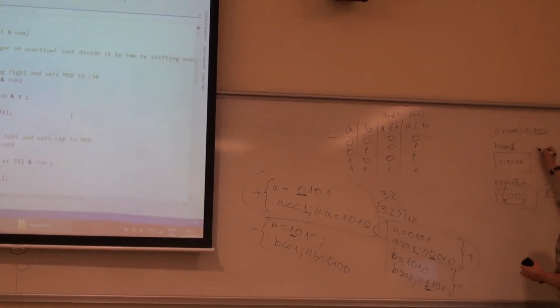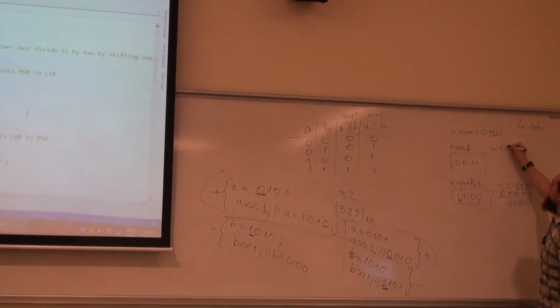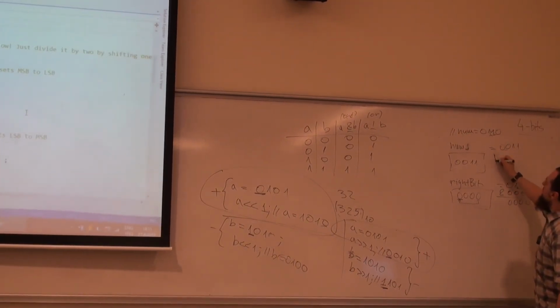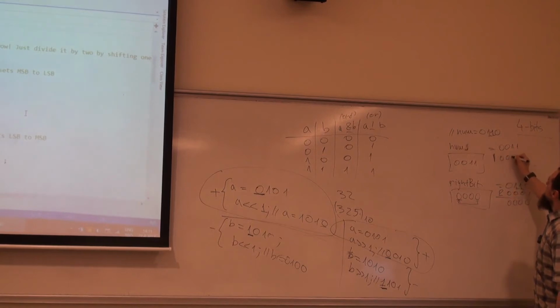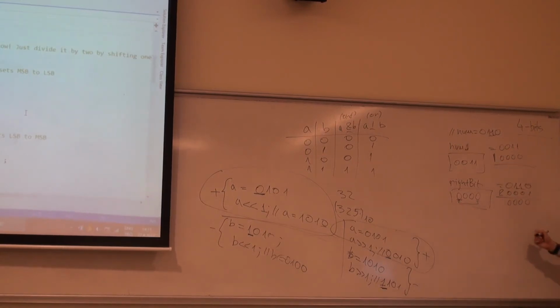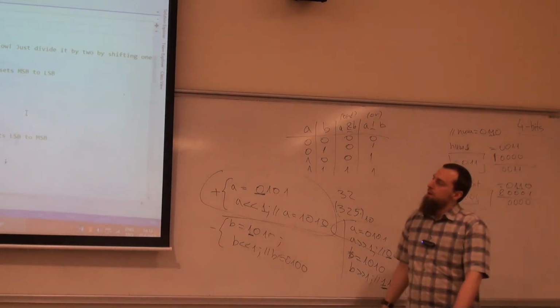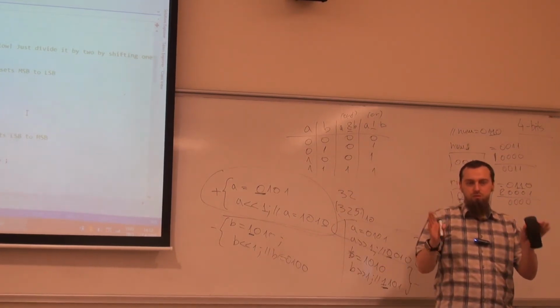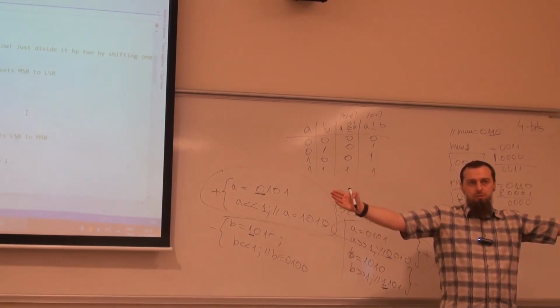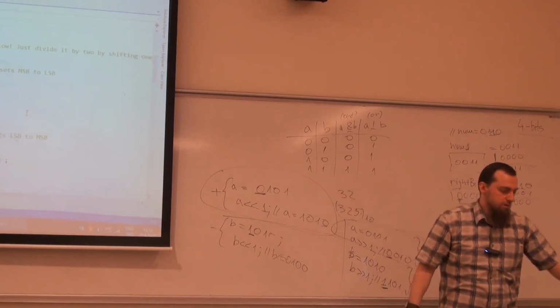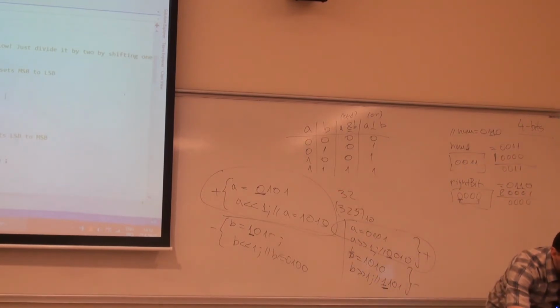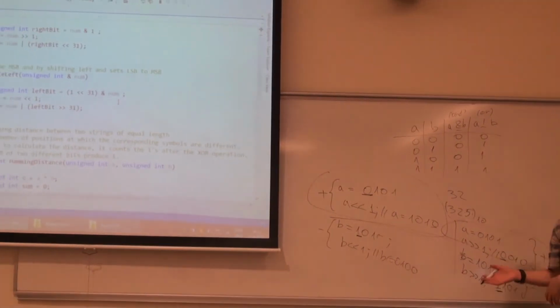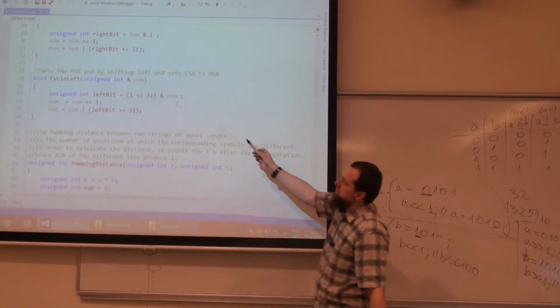So number is equal to old number 0011, bitwise OR 0000, which is 0011. It's the same, so it's working. Again, this is for 4 bits. The logic applies for 32 bits. This is CycleRight.